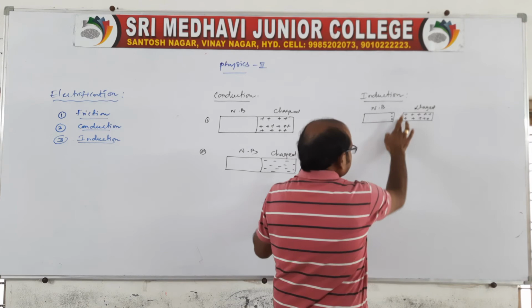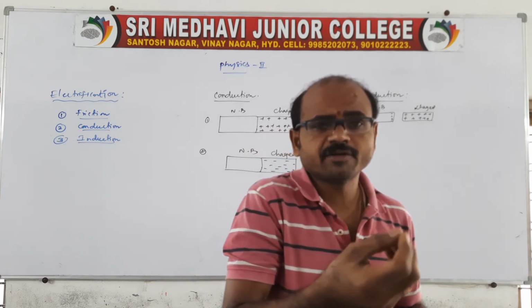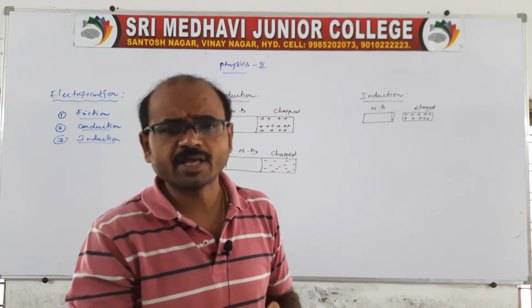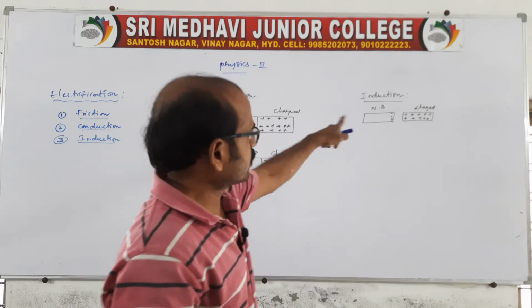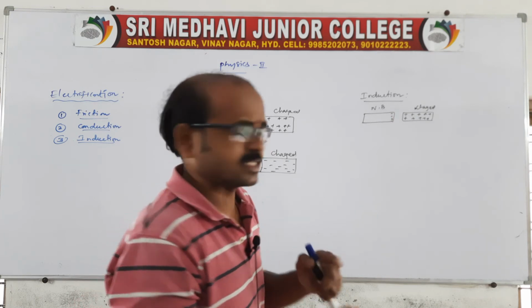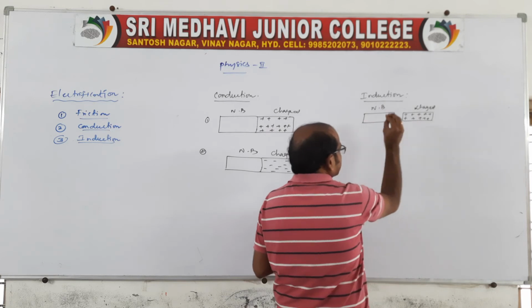So here, between the two bodies there is air as the medium, or another medium like water, or a bad conductor, or it may be a metal. There is a medium, and because of the influence of that medium or of this charged body, this uncharged body becomes charged.